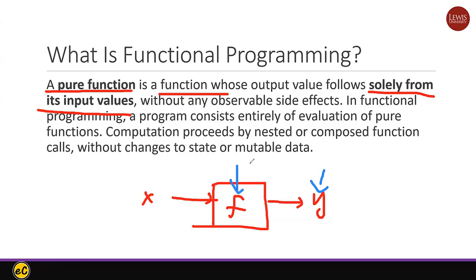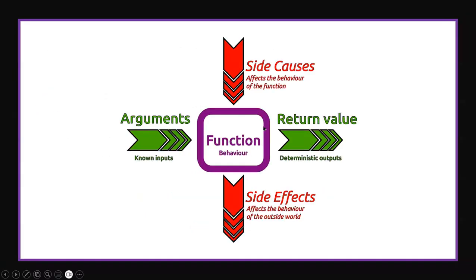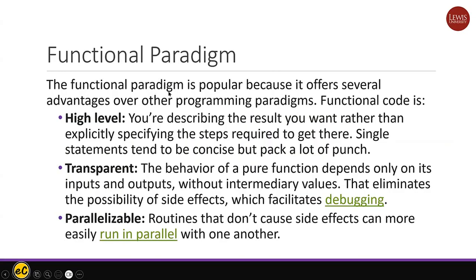You don't put more parameters or something in the middle to create a change. Purely argument and return value. In the functional paradigm, you make it high level, more abstract, transparent, and able to run purely in parallel.